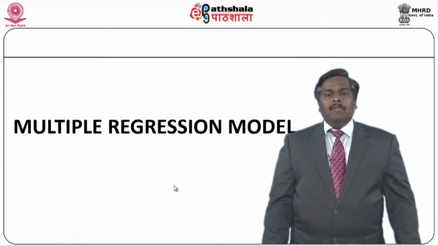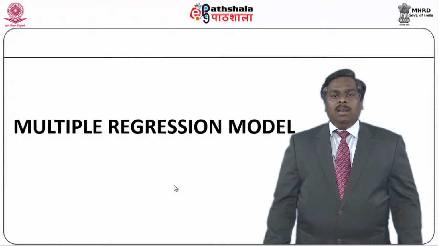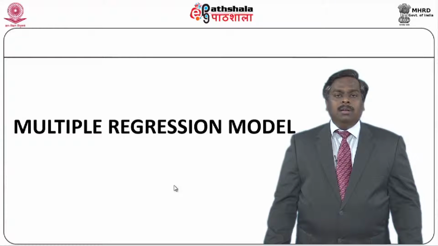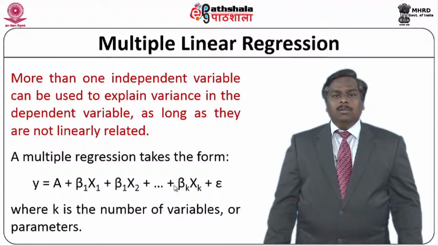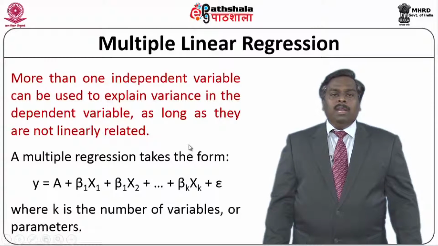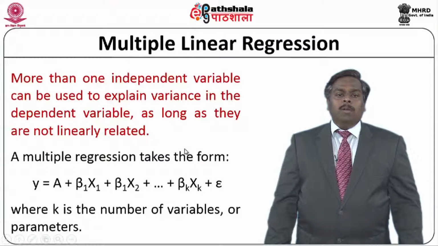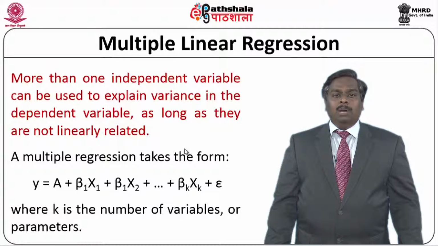Having understood a linear regression model, now let us understand what a multiple regression model is and how it may be defined. When we make use of more than one independent variable and analyze them with respect to a dependent variable, to be very simple, we take more than one independent variable and model it with respect to one dependent variable.